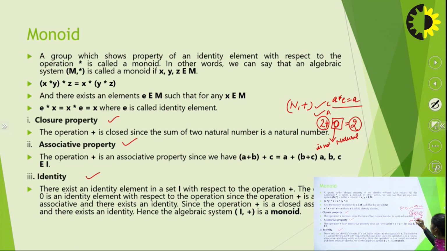So natural numbers with the plus sign is not a monoid, because the identity element of the set under the star operator is not present. So a monoid consists of 3 properties: closure, associativity, and then identity.